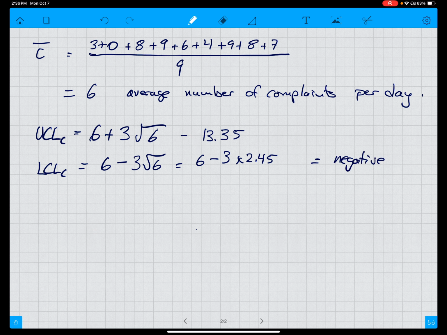Now you could calculate it out, but since it's a negative number, the lower control limit becomes 0. You can't have less than 0 complaints. So you will lose marks if you put in the negative number, and so it is 0. The upper control limit is 13.35. The lower control limit is 0.